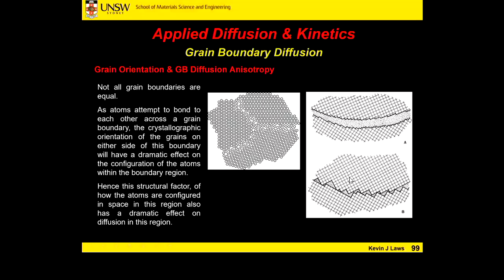So here we're at a misorientation of about 45 degrees. You can see some sections we have very, very wide grain boundaries, some we have much, much closer grain boundaries. So as these atoms attempt to bond to each other across the grain boundary, crystallographic orientation on either side of the boundary will have significant effects on the configuration of atoms in there. And it's different for each system depending on the crystallographic relationship in a given crystal lattice.